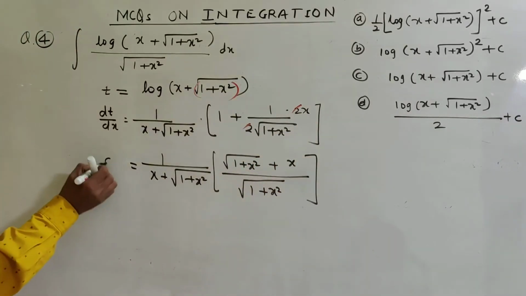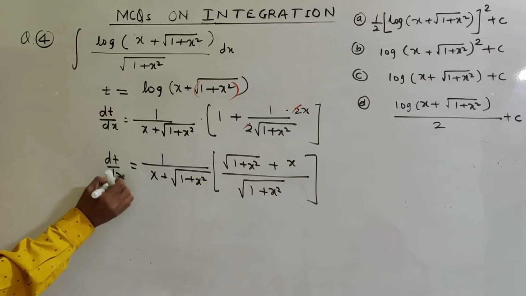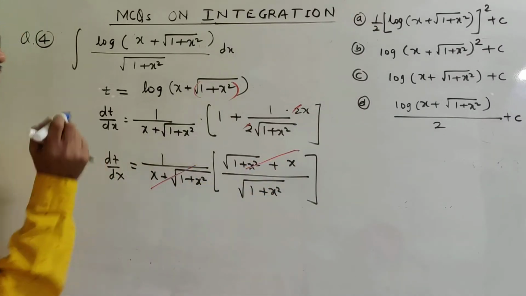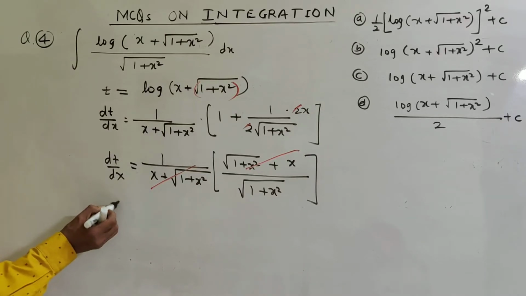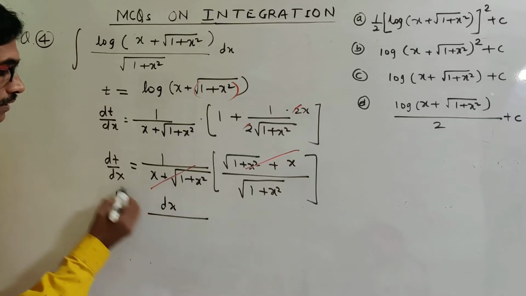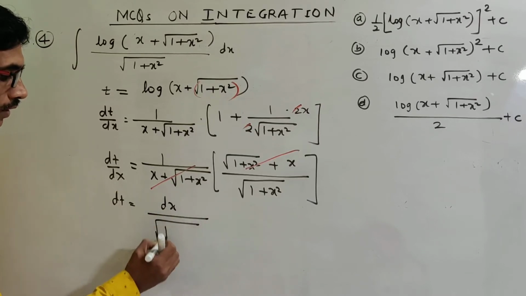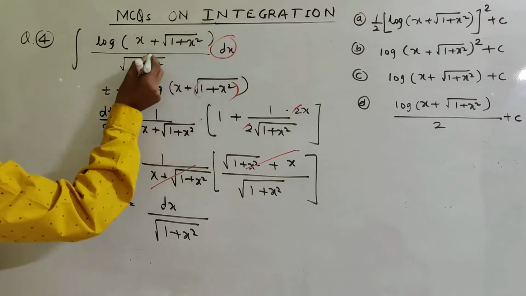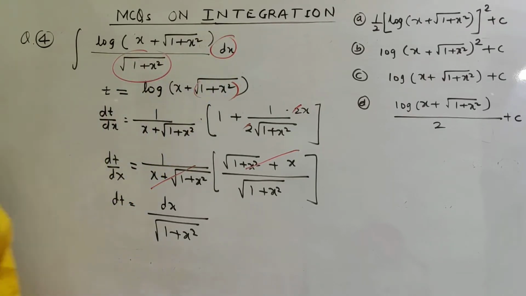So that is our dt by dx. Now this x plus root of 1 plus x square is getting cancelled, and finally we will get dt equal to, by cross multiplication, dx upon root of 1 plus x square. So this dx upon root of 1 plus x square is dt.